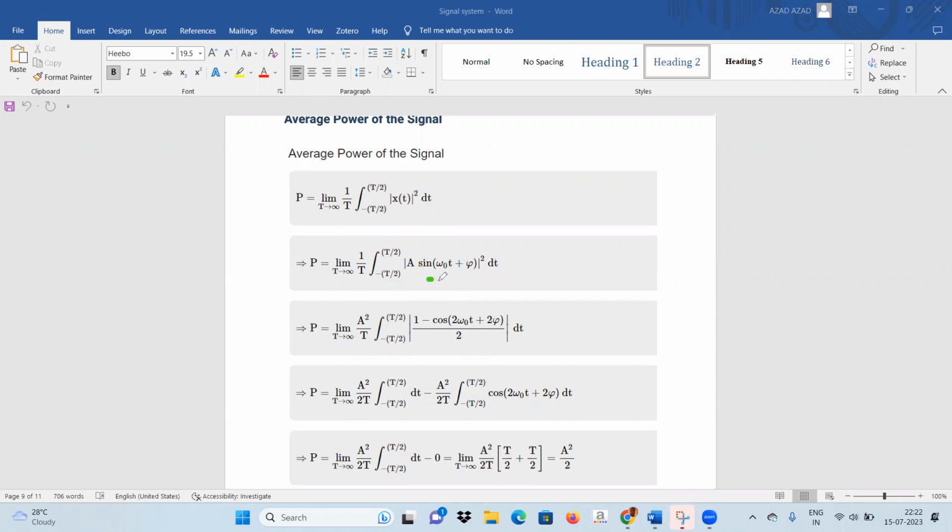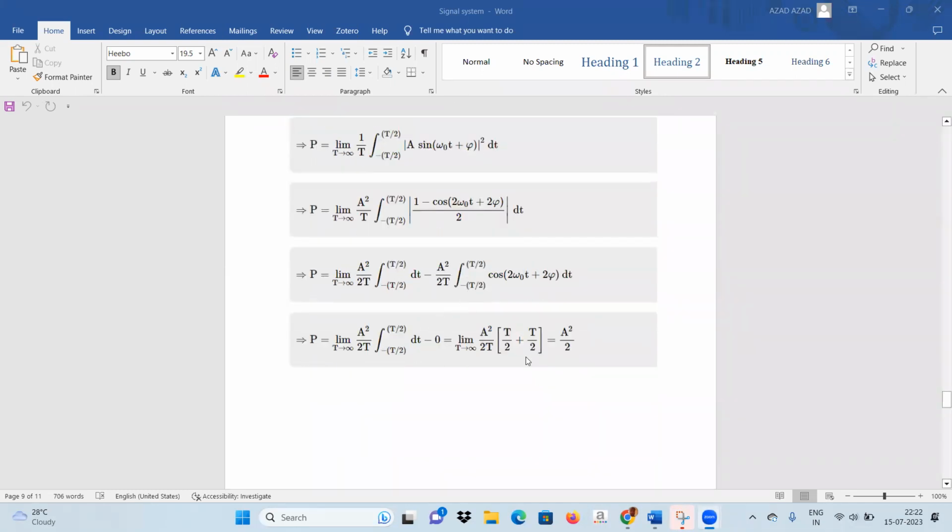Then you can replace this by a trigonometry formula, and after integrating this whole, we get A squared by 2. Normally, the power of a periodic signal is the amplitude squared by 2. We can check this. It's the amplitude squared by 2, so we get A squared by 2 here.